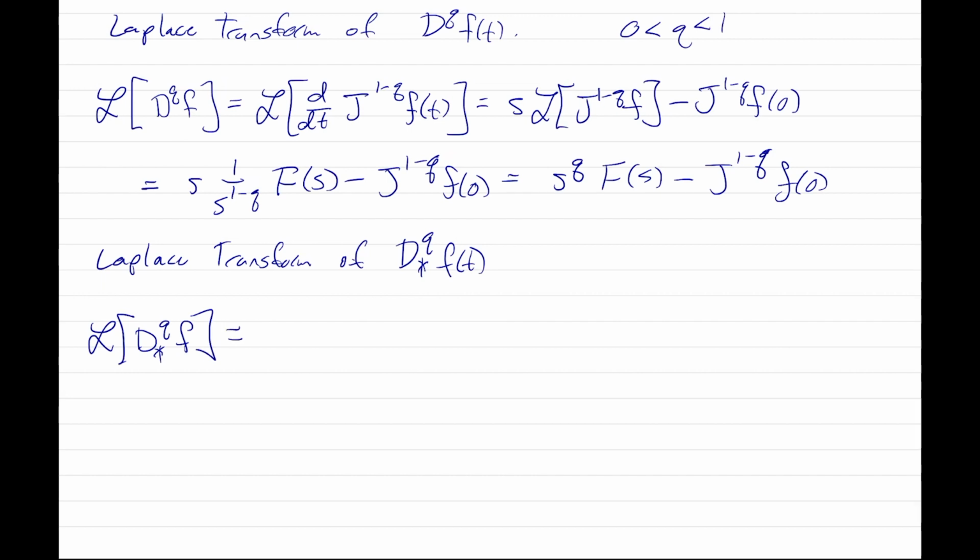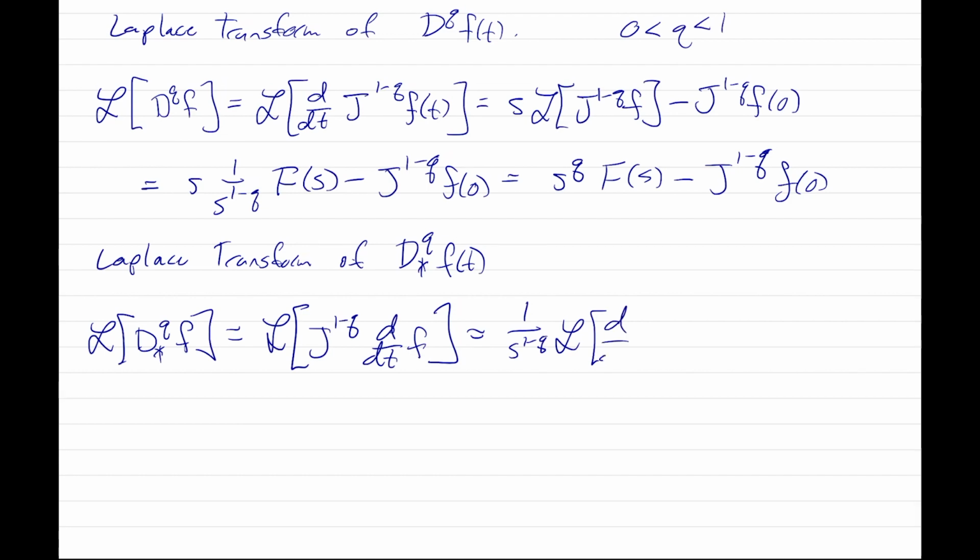So we have the Laplace transform of the Caputo fractional derivative of order q acting on f. Let's split this into its operators. It's going to be J^(1-q) times d/dt of f. Right away, we can apply our formula here, which gives me 1 over s^(1-q) times the Laplace transform of d/dt of f.